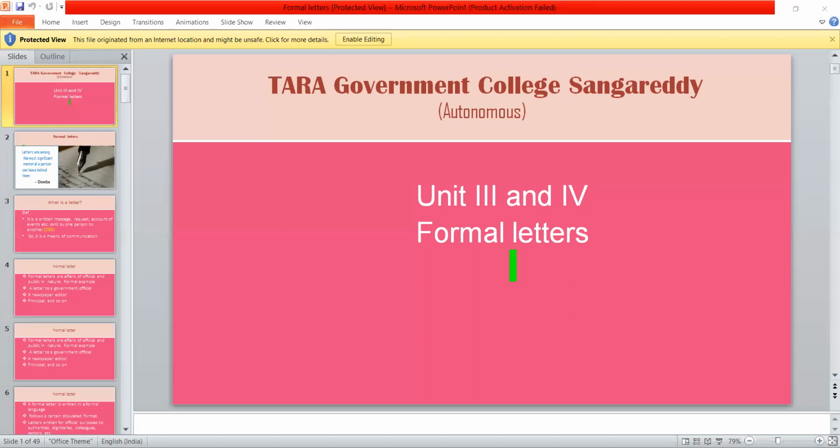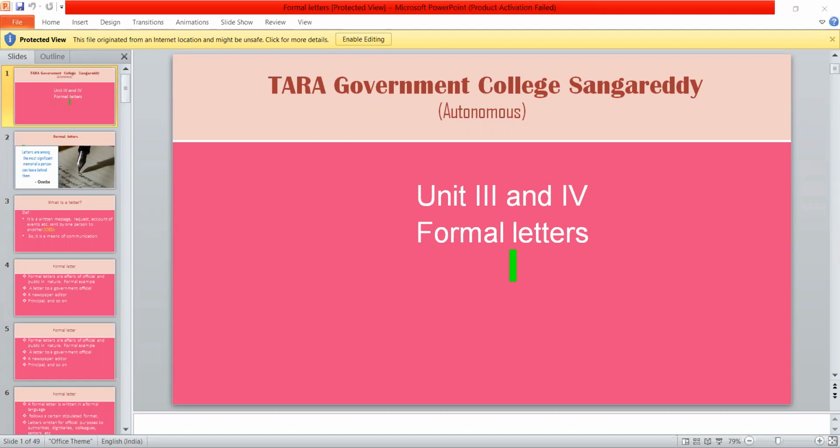Inside address, address of the receiver. First you are writing the address of the sender, then you are placing the date, then you are writing the inside address, the address of the receiver who is going to receive that mail or that formal letter. Place it on the left below the line of the date, exactly below the line of the date.